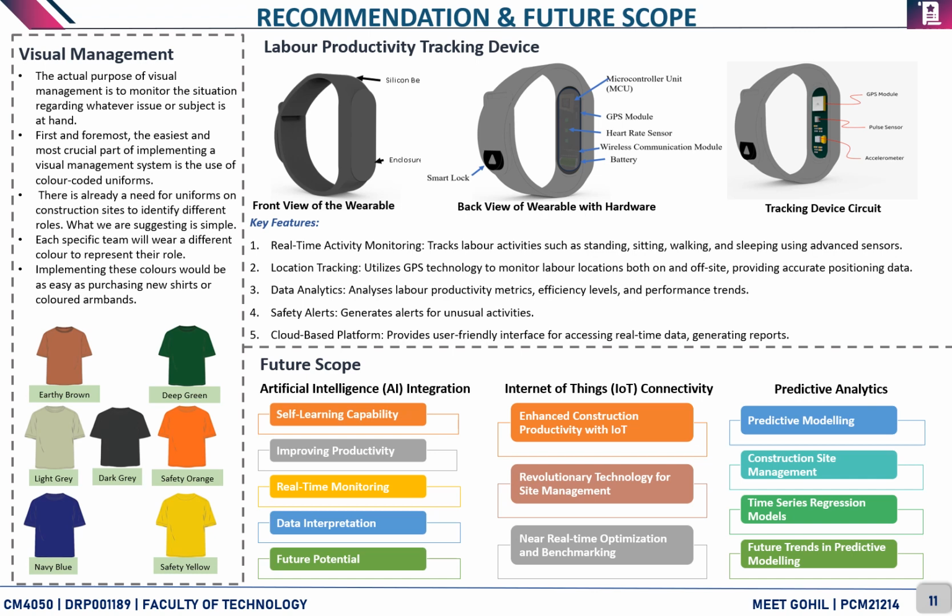Data analytics: analysis of labor productivity metrics, efficiency level, and performance trend will be showcased. Safety alerts: generating alerts for unusual activity relating to a laborer's health. Cloud-based platform: providing a user-friendly interface for accessing real-time data, generating reports, and optimizing resource allocation.